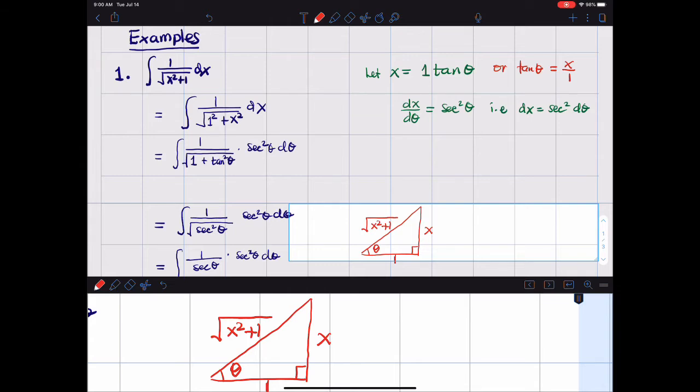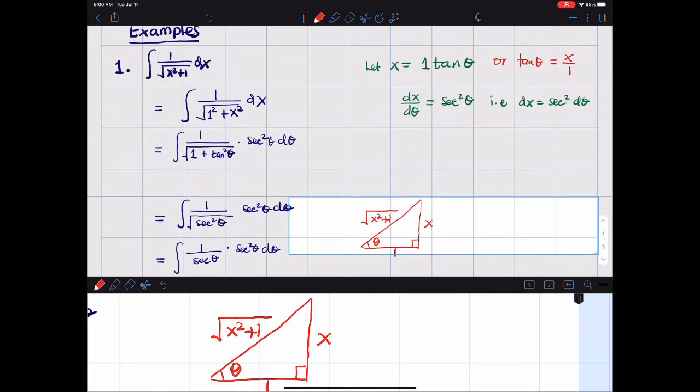So that means we can find what our secant of theta is. Secant of theta is 1 over the cosine of theta. So secant of theta becomes hypotenuse, square root of x squared plus 1, over adjacent, 1.